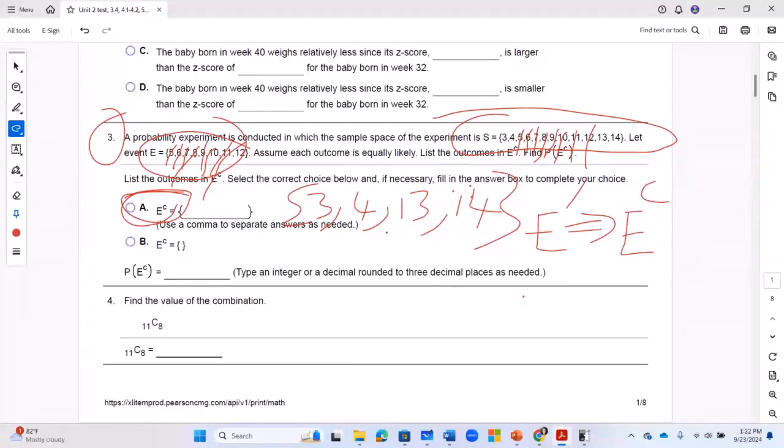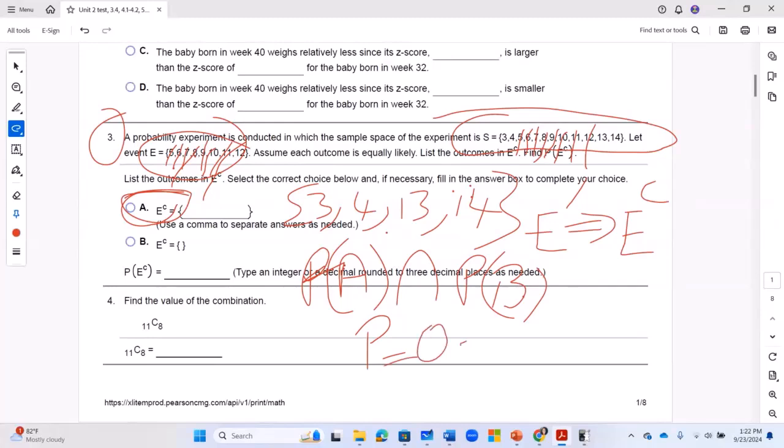Suppose I say find the probability of A and probability of B, where probability of A is 0.1 and probability of B is equal to 0.5.